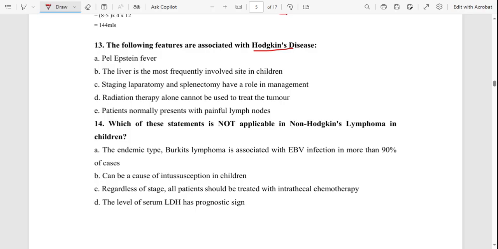So maybe the first thing we need to understand is what is Hodgkin's disease. Anyone with just anything to say about it? The Hodgkin's disease? Feel free in case you have got something to say so that the discussion will become even more interesting.